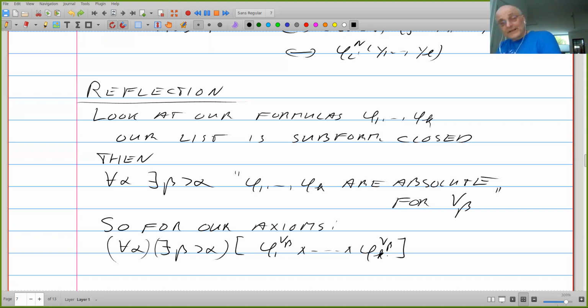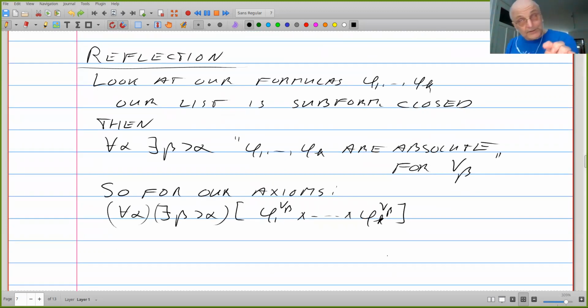If we have a bunch of axioms for ZFC, then we can find for every ordinal alpha a larger ordinal beta such that the axioms are actually true in the corresponding V beta.